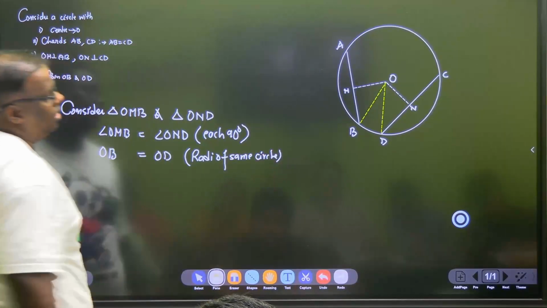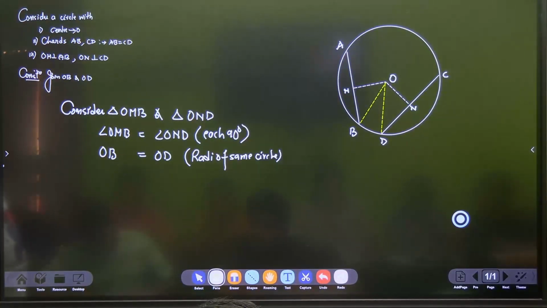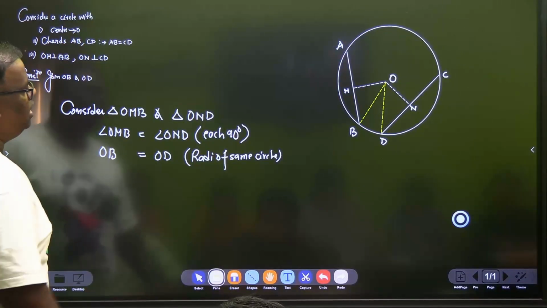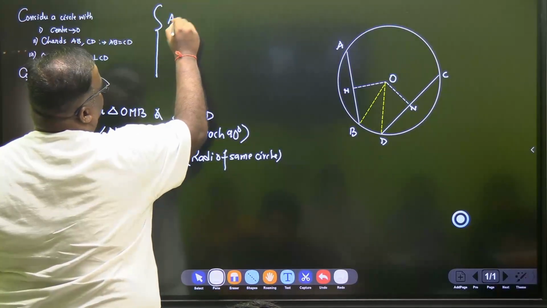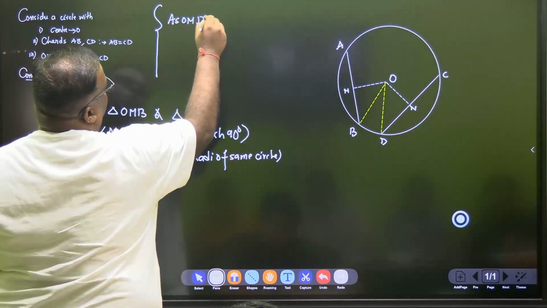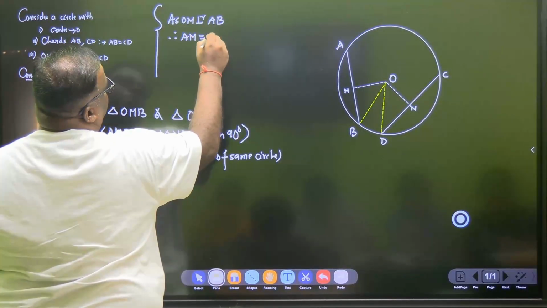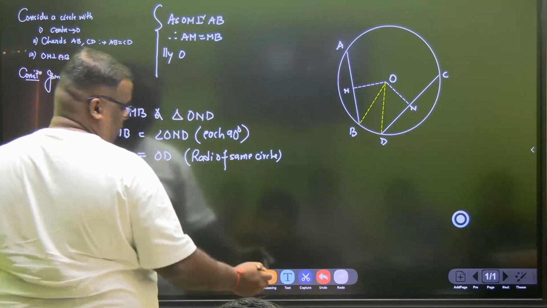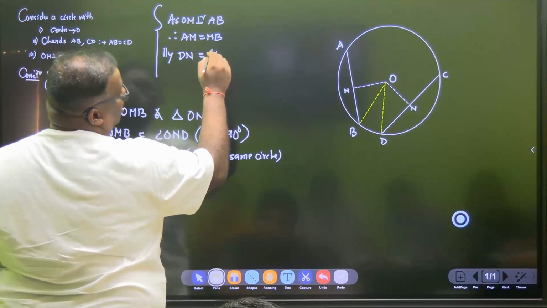Now, in the previous statement, you wrote that the perpendicular from the center to a chord bisects the chord, right? That means we can also pull up here that as OM is perpendicular to AB, therefore AM must be equal to MB, and similarly DN must be equal to NC.